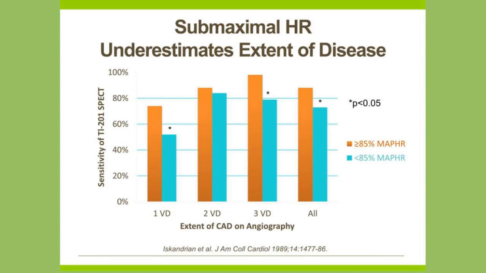So in this study by Iskandrian et al., you can see that patients in blue who had less than 85% of their maximum age predicted heart rate had a lower incidence or sensitivity for one vessel disease, 3 vessel disease, and all vessel disease when compared to those who were able to achieve greater than 85% maximum age predicted heart rate. So this is very important. Not only do you have a decreased sensitivity, but you also underestimate the extent of disease.